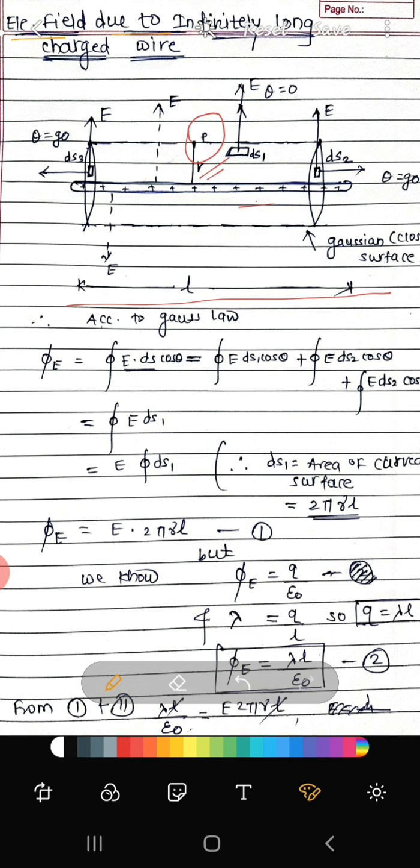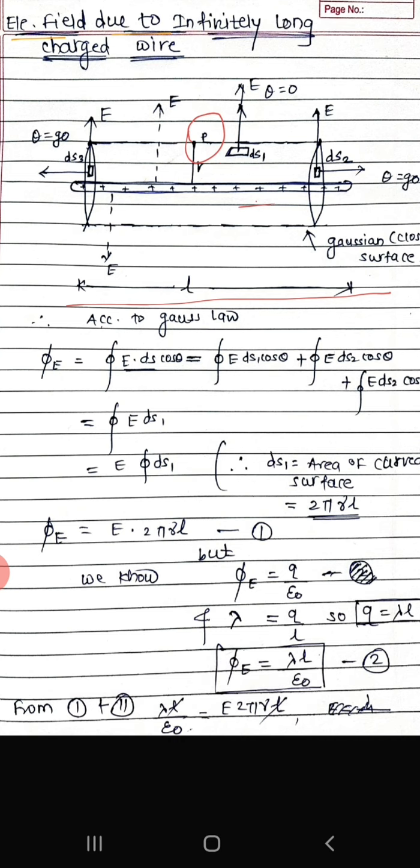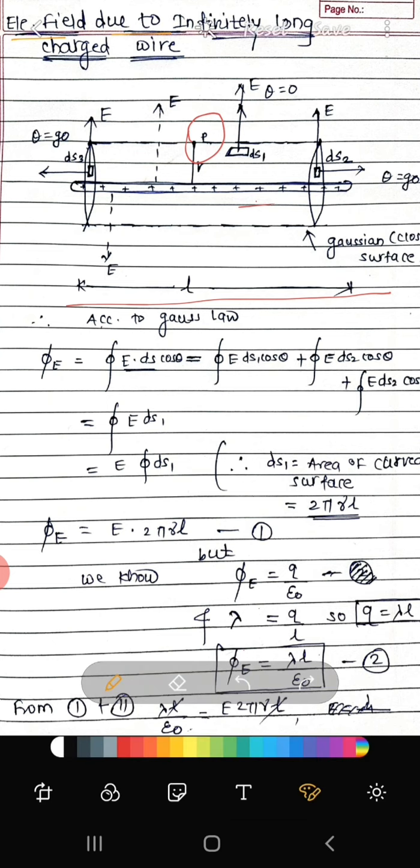In a simple way, we have to find the electric field intensity at distance R from this wire, means what amount of electric field intensity is produced due to this infinitely long charged wire at point P. For that purpose we have to consider any point P at distance R.